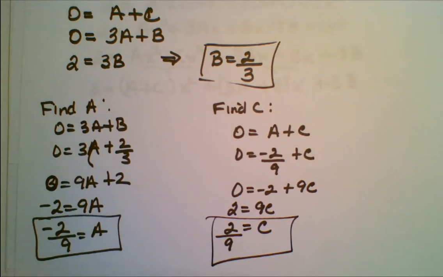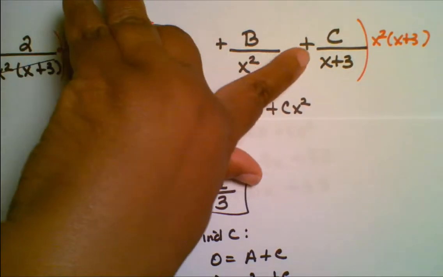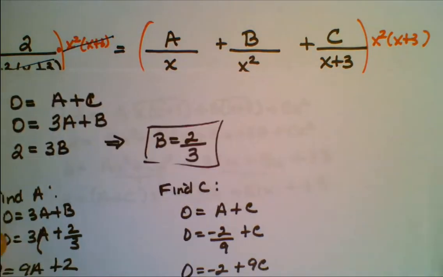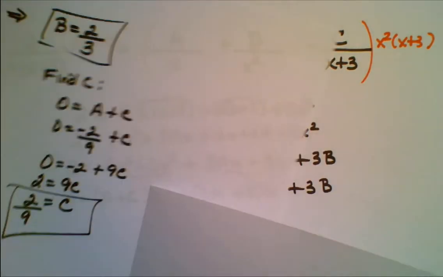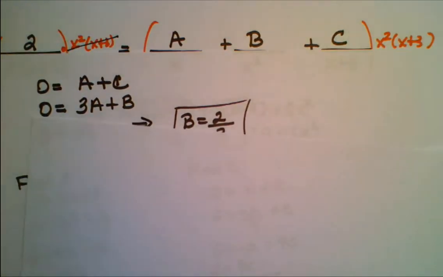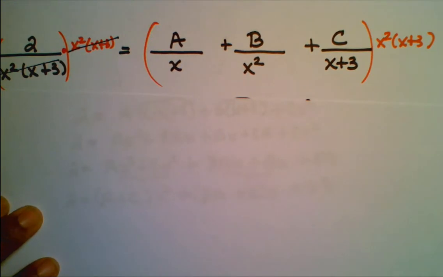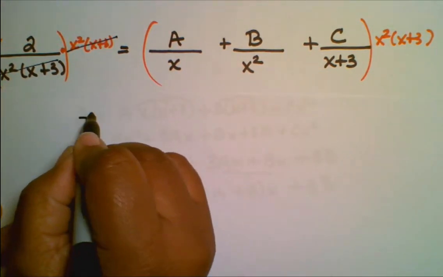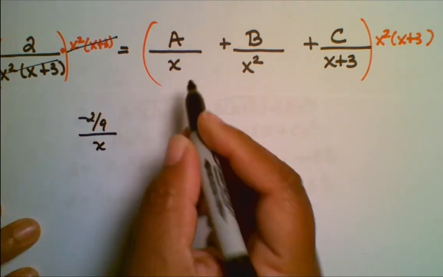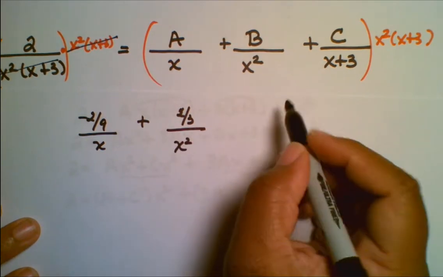So now we have our a, b, and c, and we're going to plug them back into our partial fractions. We have a, which we said is negative 2/9 over x. b, which we said is 2/3 over x squared.